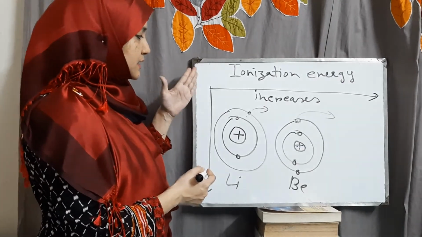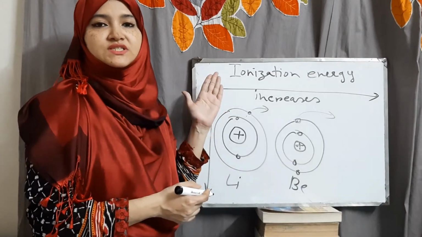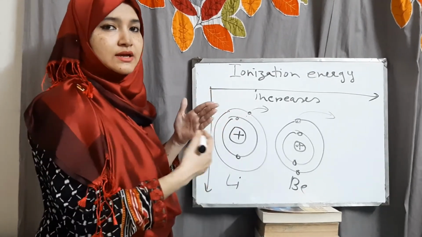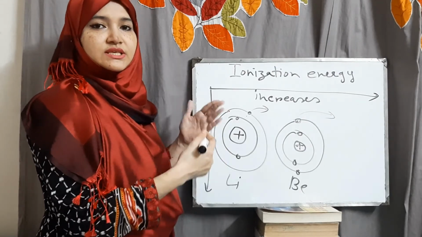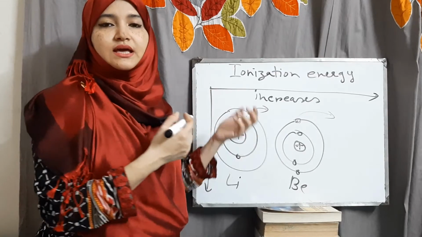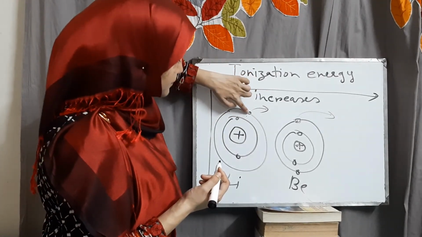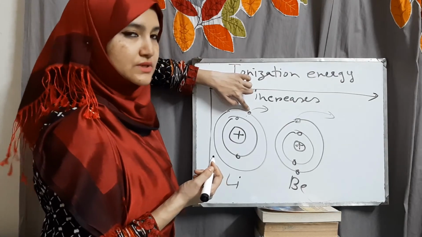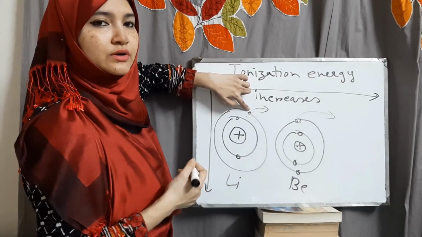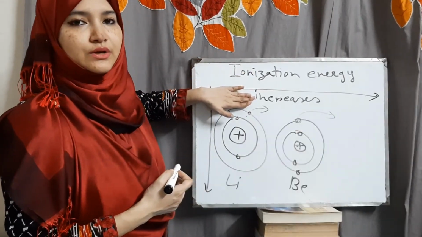If the atomic radius increases, the distance between the outermost electron level and the nucleus increases. That's why the attraction force decreases, and if the attraction force on the outermost electron decreases, it will be easier to remove this electron and form a positive ion.